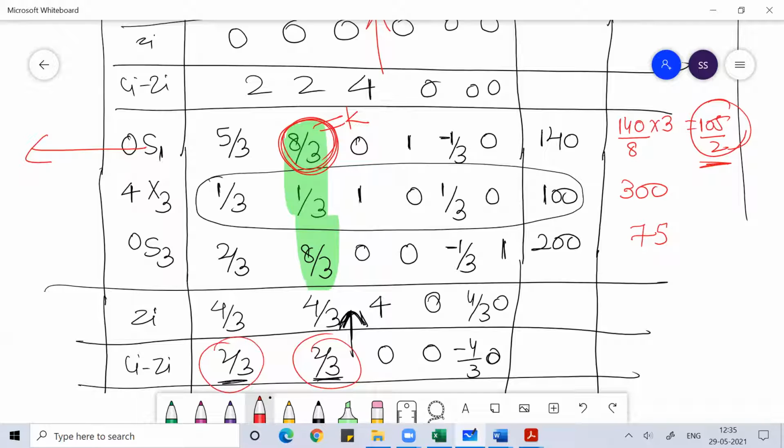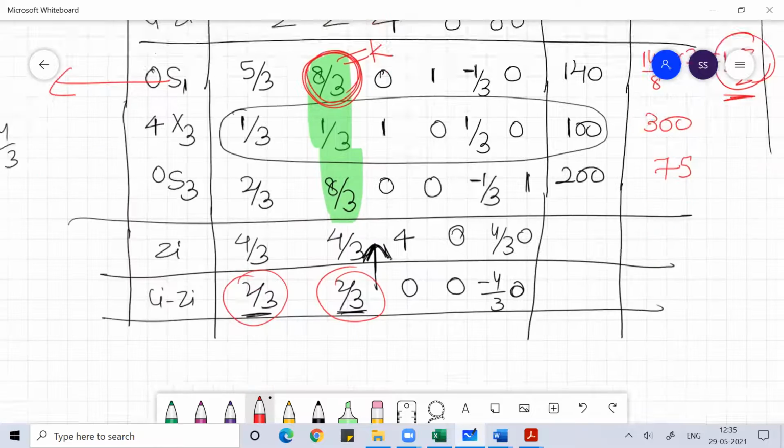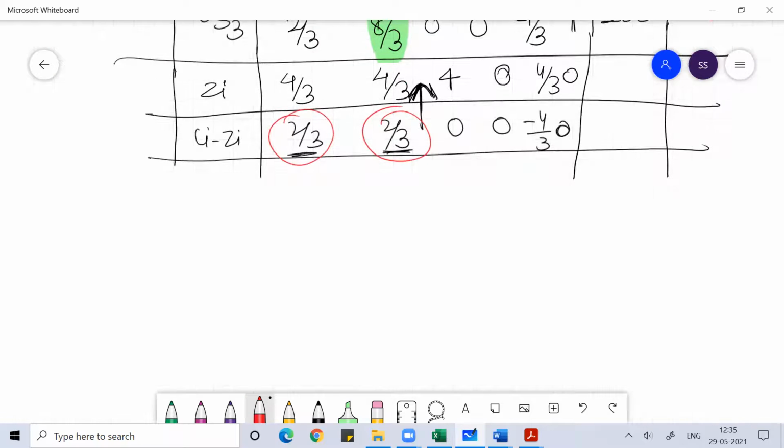I just thought, okay, let x2 enter. It doesn't matter. You can take x1 also to enter; you will get the same answer only. Your answer will not change. Okay, everyone, so can we do further?